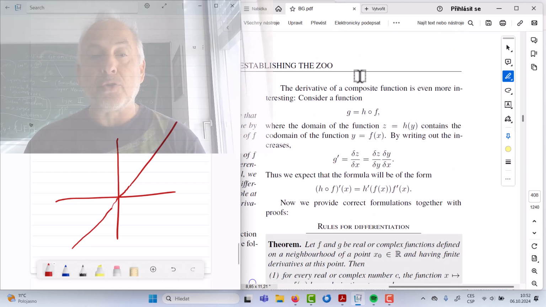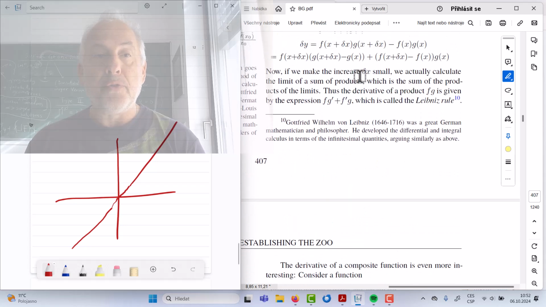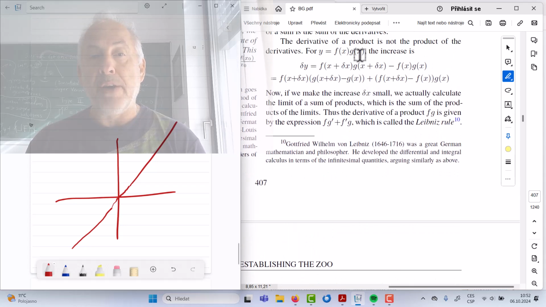Similarly with product of functions, right? So if you see how it works with products, so you simply have the right thing here minus the value at x, and here you can add and subtract the things so that you get the same thing as on the first line, right? Because here I subtract f shifted value times g in the original x, and here I add f shifted times g.